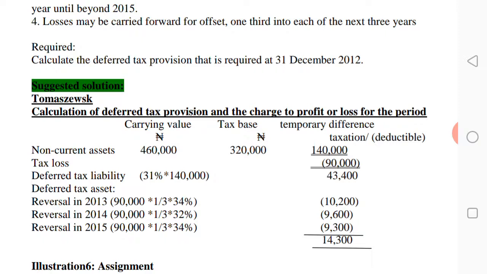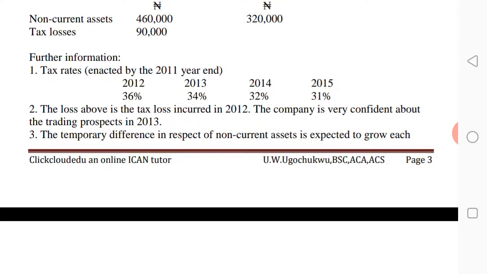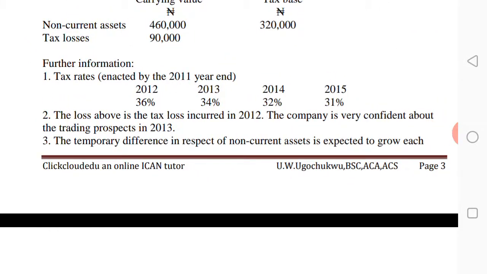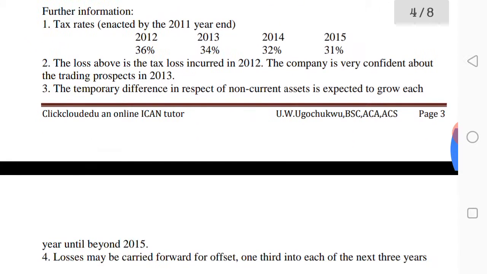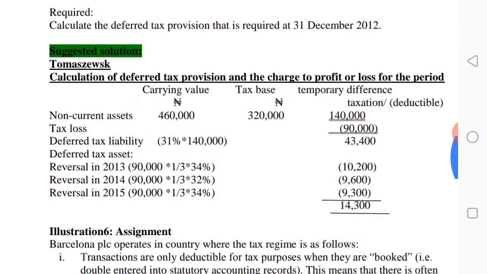Now our deferred tax, the rate that is envisaged is the 2015 rate. So the 2015 rate will be used now. So we have 31% for 2015. So multiply it with 31%, we have 43,400 naira.